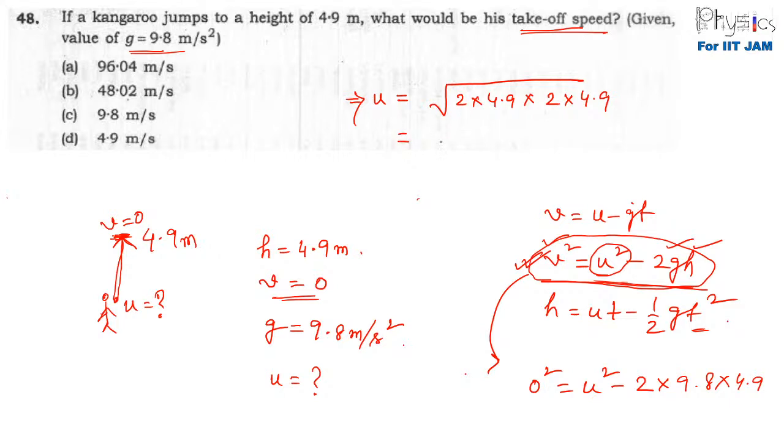That is root over 9.8 square, that is equal to 9.8. So we don't even need a calculator to solve this problem. So our answer is option C, 9.8 meter per second.